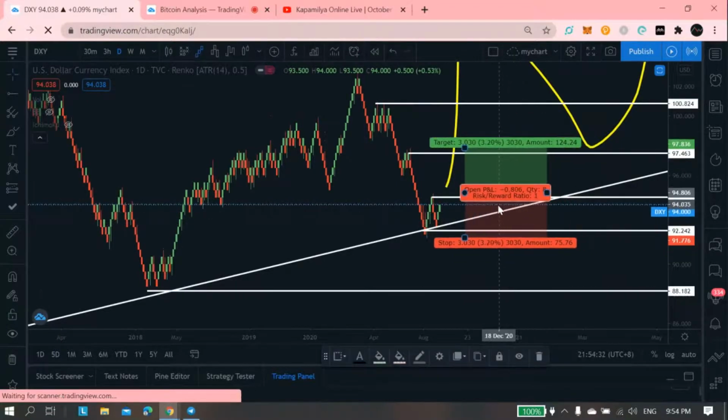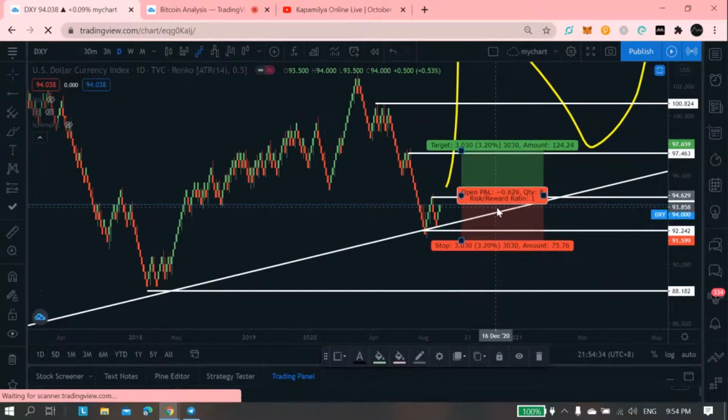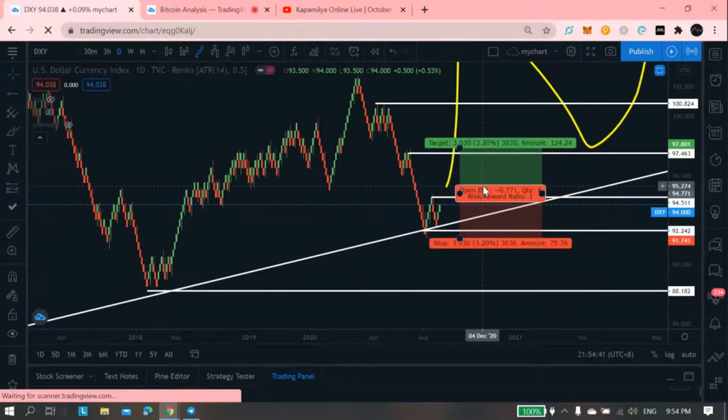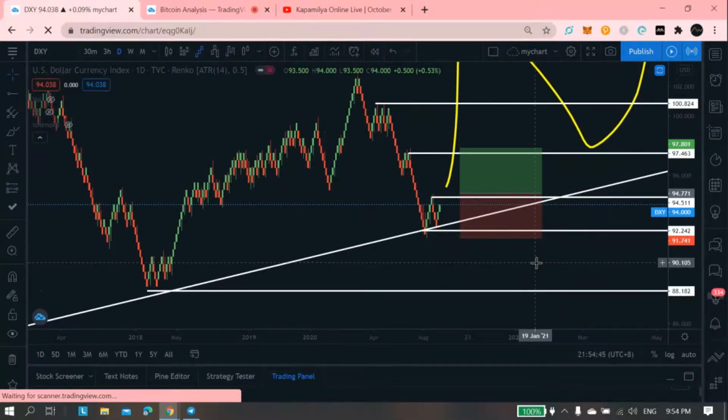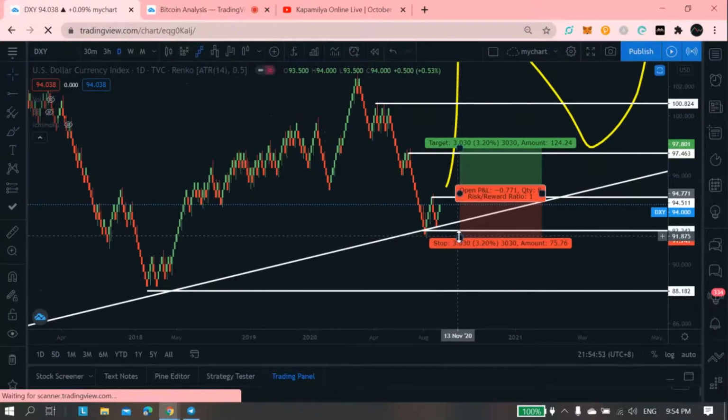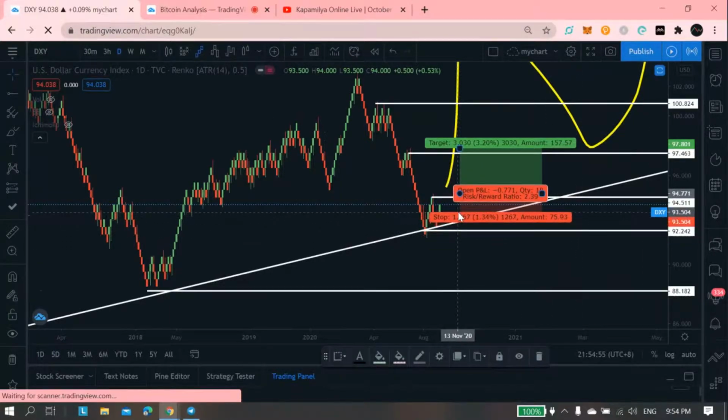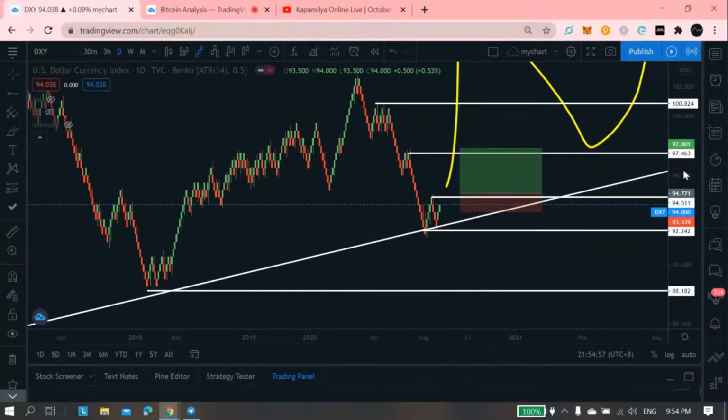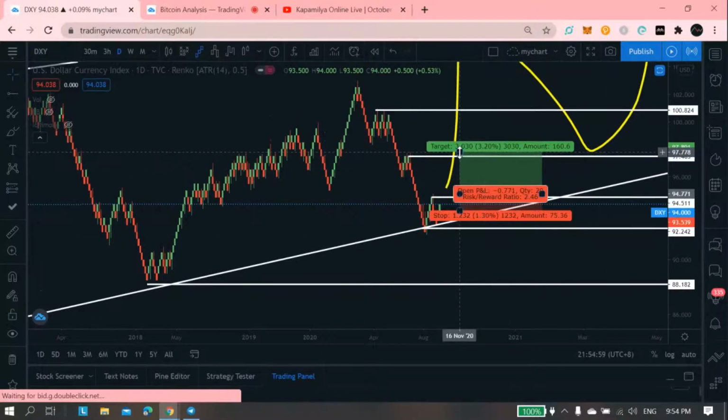So at this area, I can test buy, or 50% buy, and then I will make another buy upon breakout of this 94.51, because normally I also do averaging in my trades.